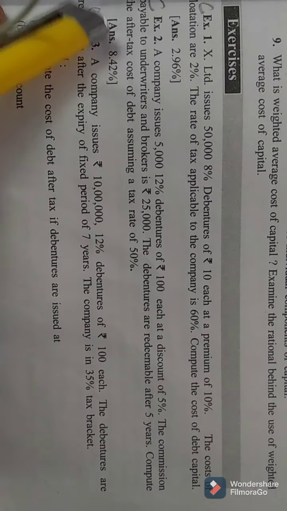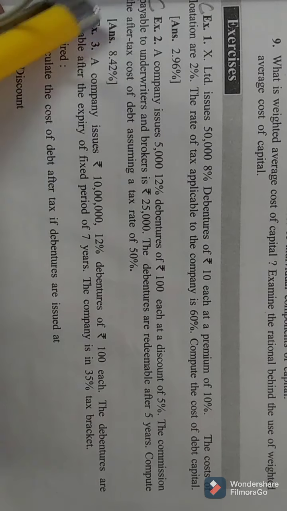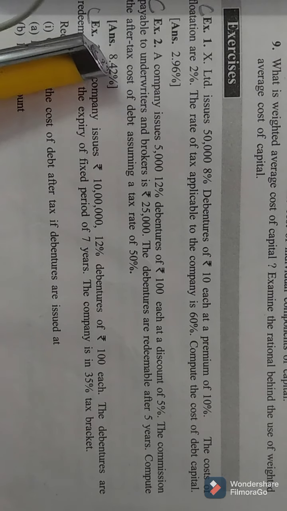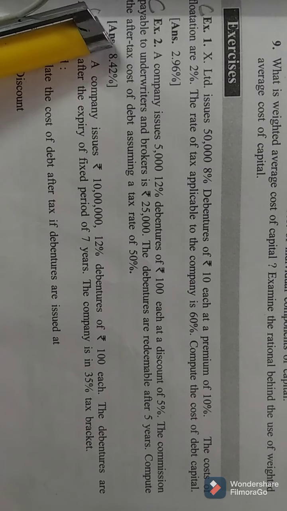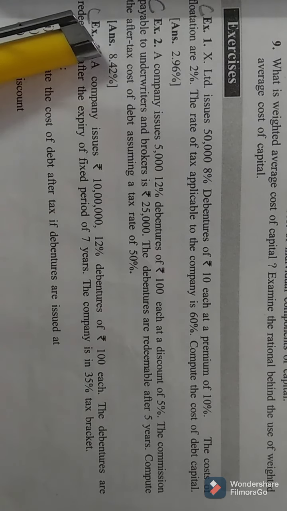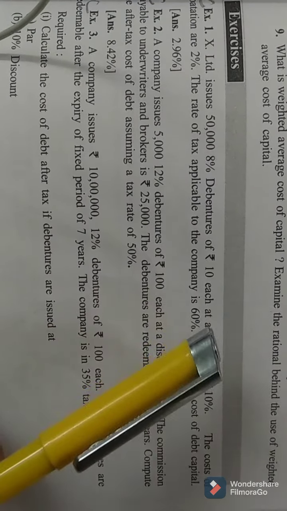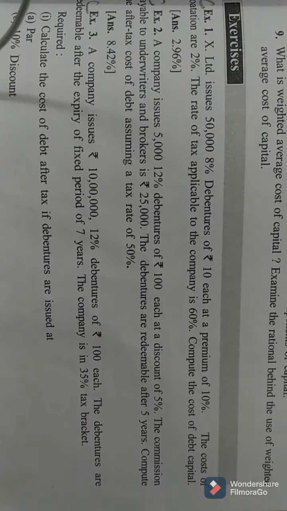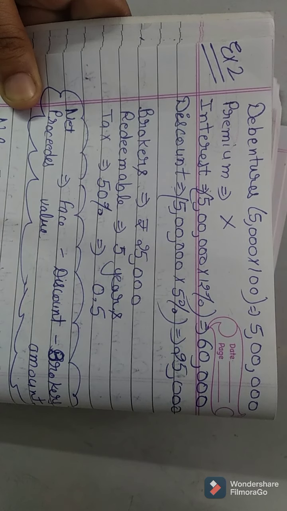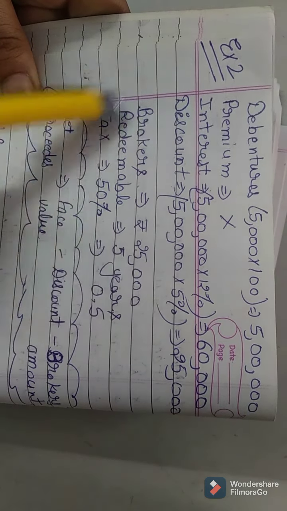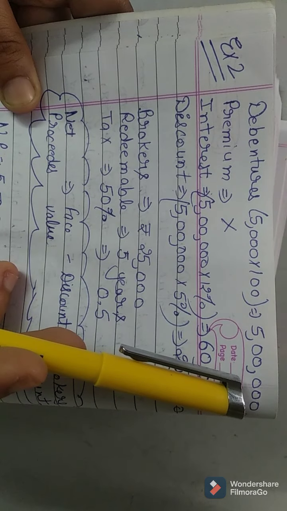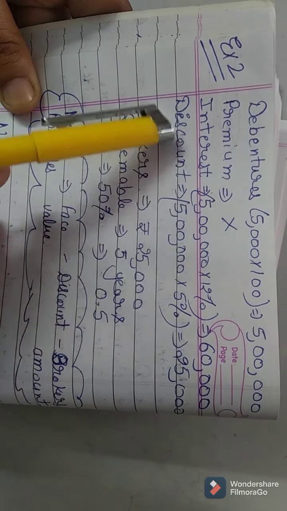Information related to after tax is available, so we can calculate the cost of debenture after tax, and the rate of tax is 50%. Information available: debentures 5,000 into 100, 5 lakh. Premium is not given.